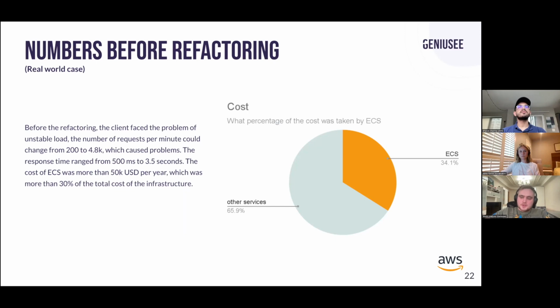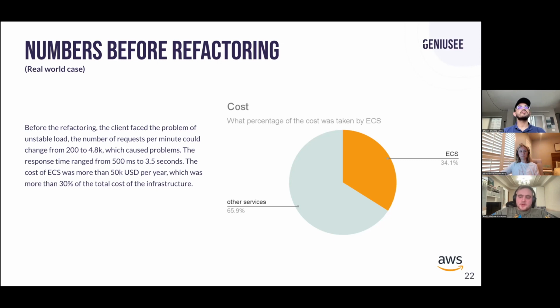The load arose suddenly, and the container with Spring had little time to start up because Spring had an average startup time of about 1 minute, and it created a problem where the service was unavailable for some users.